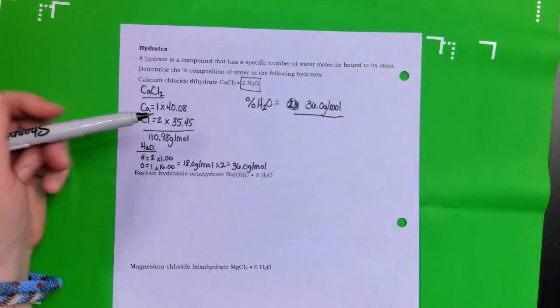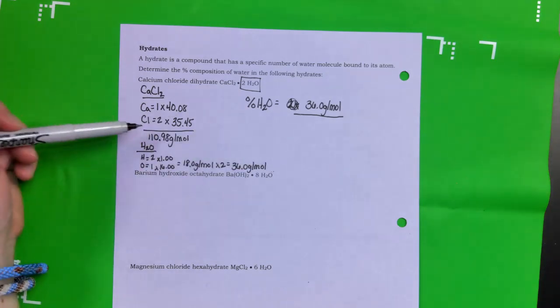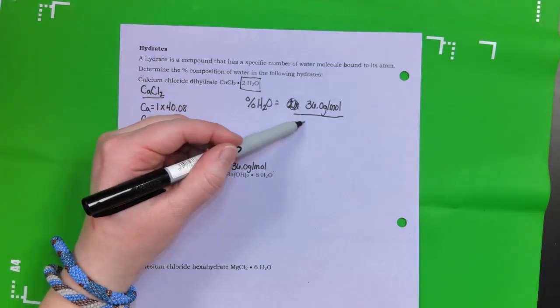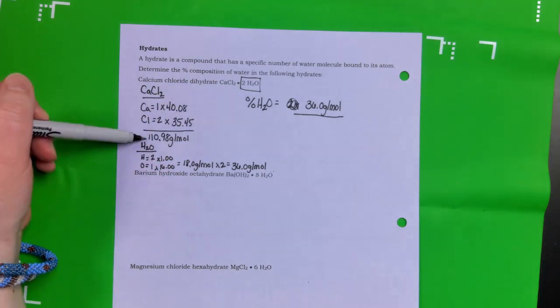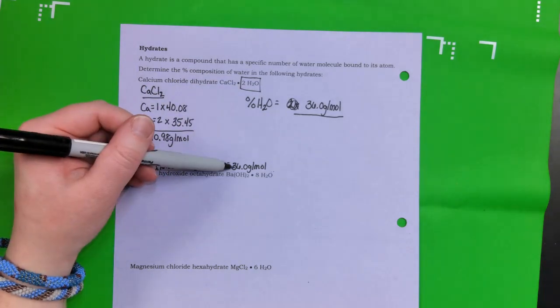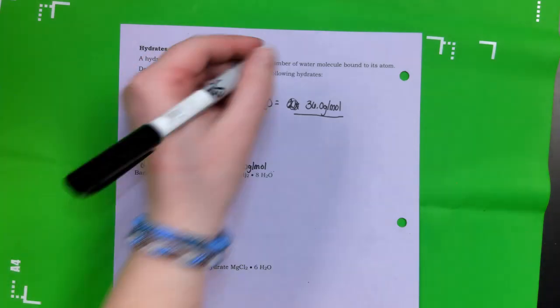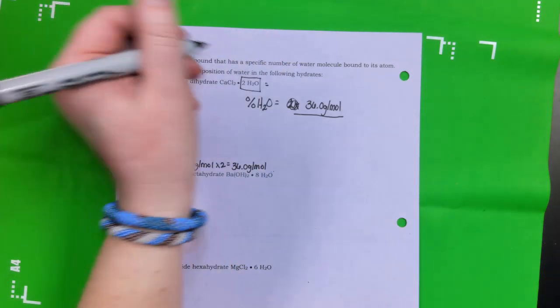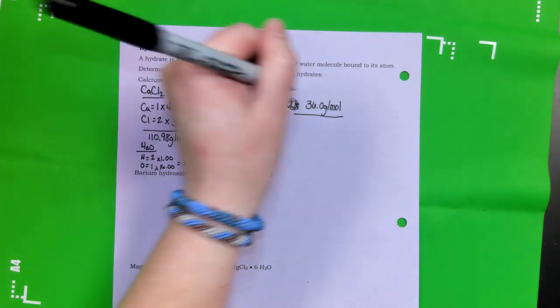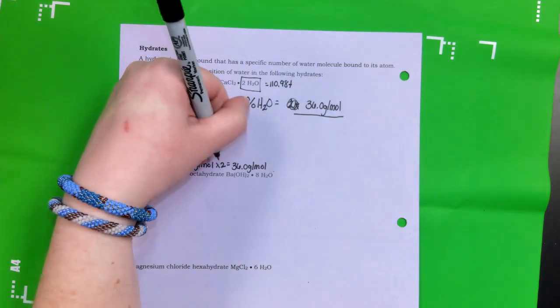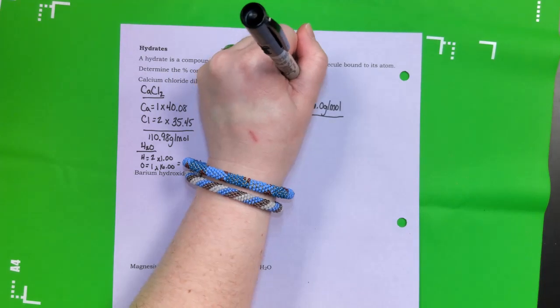The next thing we need to do is get our grand total. So we're looking at the mass of the compound, which is this whole entire thing. So we take the molar mass of the calcium chloride and add it to all of our water, the 36. So I'm going to show that up here. I'm going to take 110.98 and add it to my 18 times my 2, so my 36.